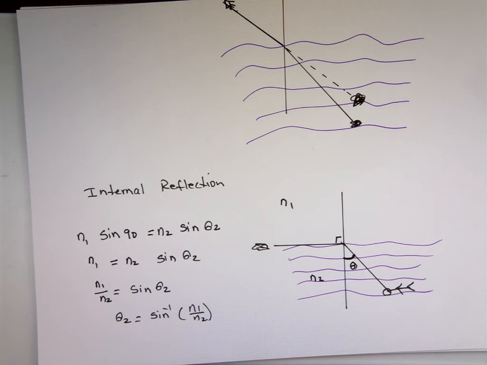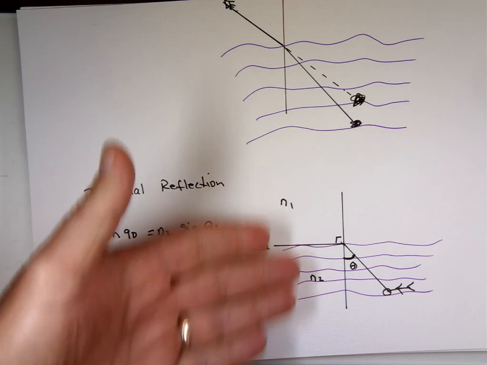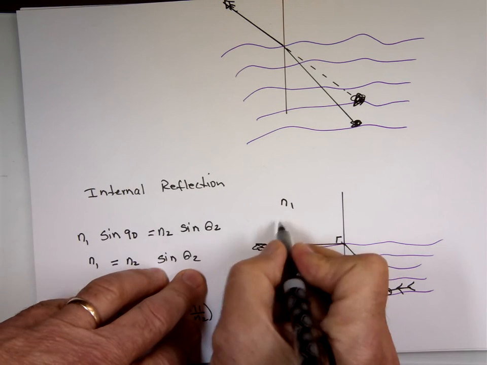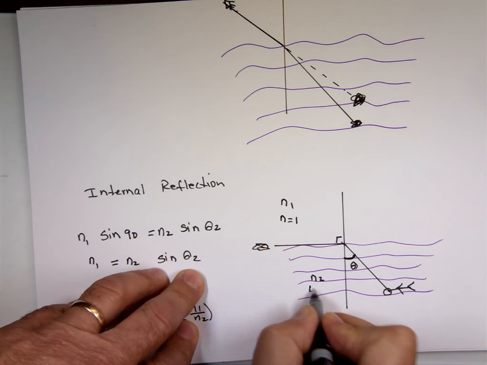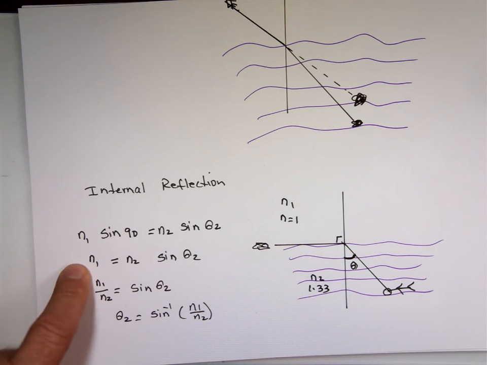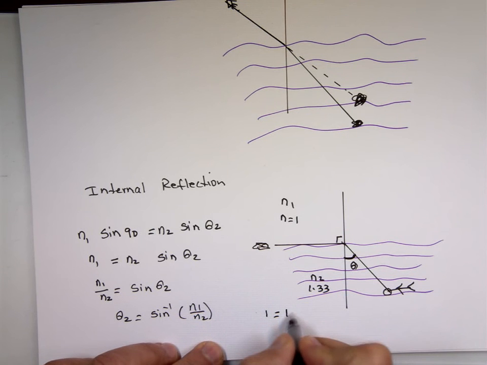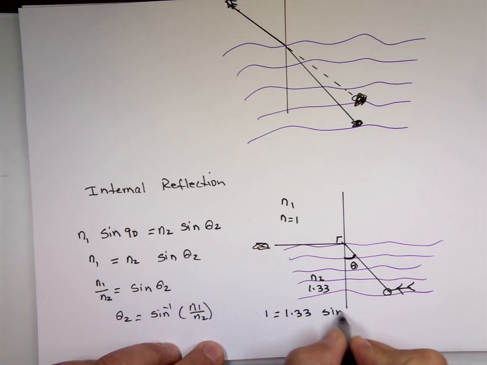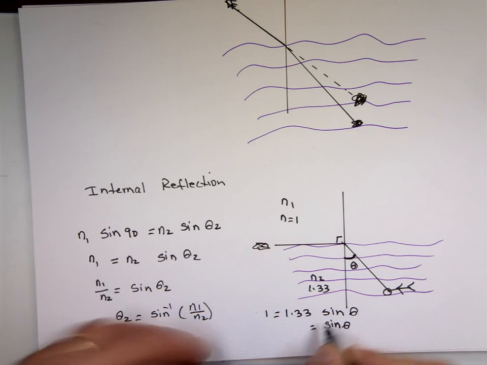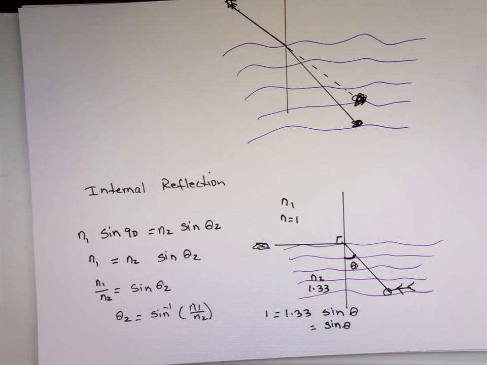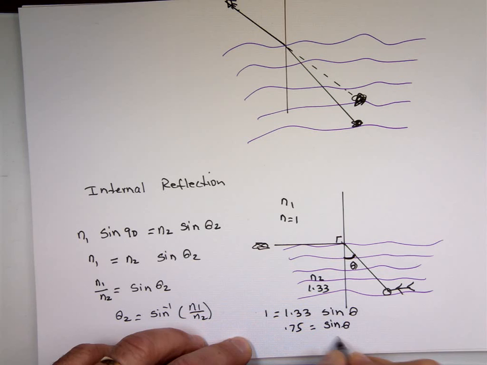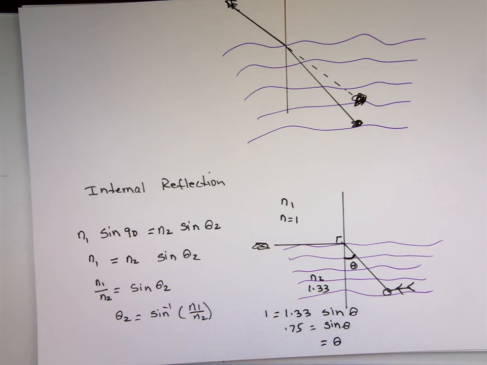If the angle is larger than that, so if we're dealing with this example, water versus air, we know for air n equals 1, for water it's 1.33. So if you plug them in here, you have 1 equals 1.33 sine theta. So sine theta equals what? 1 divided by 1.33, 0.75, which means theta is the inverse sine of 0.75, and that's 48.8 degrees.